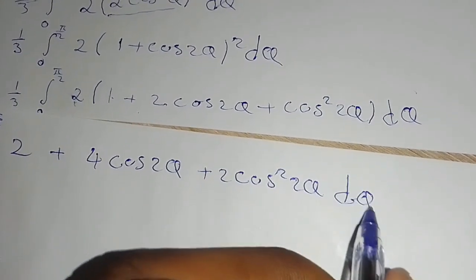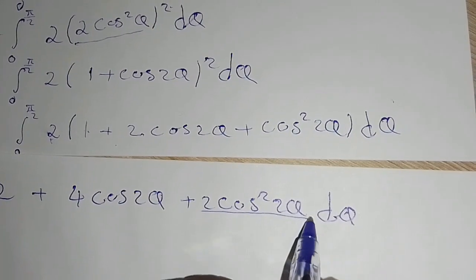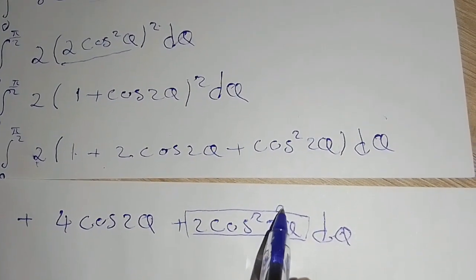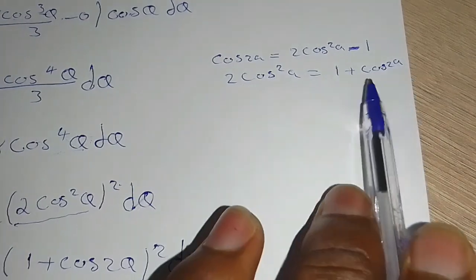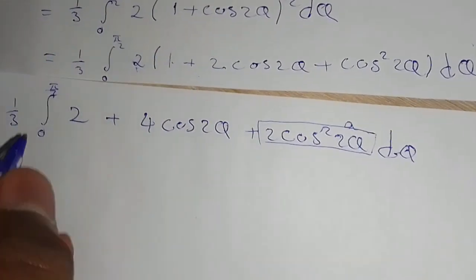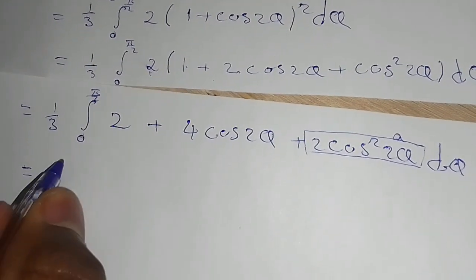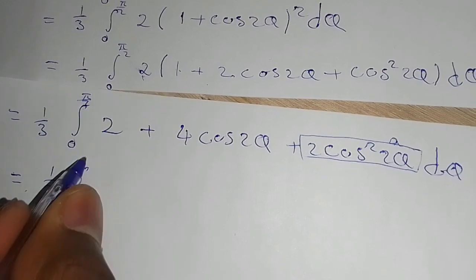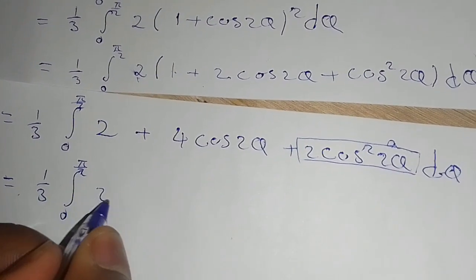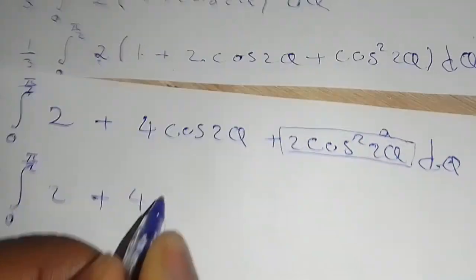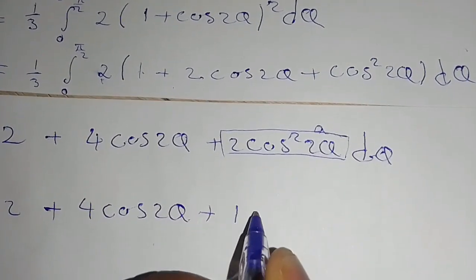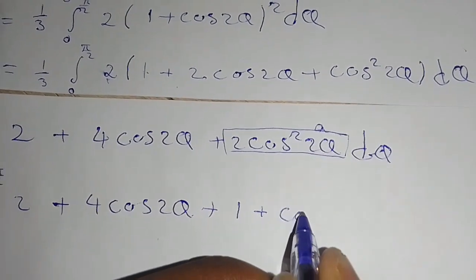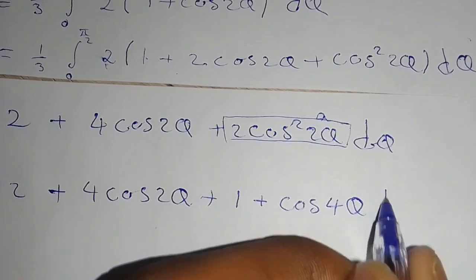But we also have 2 cos² of 2 theta. If you take 2 theta as a and use this formula again, that equals 1 plus cos 2a, then you can rewrite that integral as the integral from 0 to pi over 2 of 2 plus 4 cos 2 theta plus 1 plus cos 4 theta d theta.